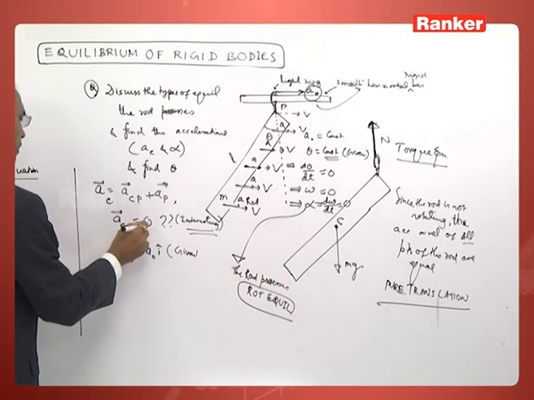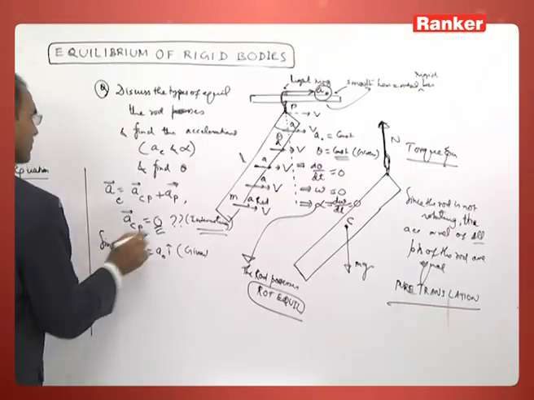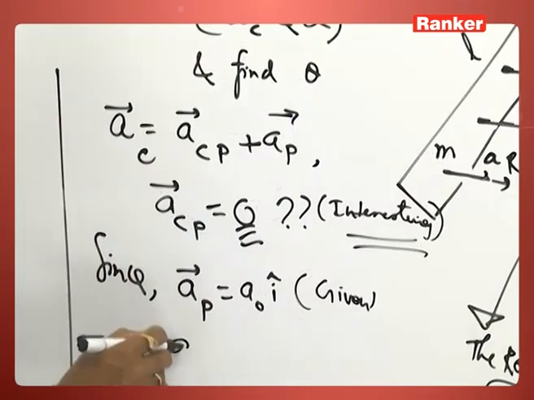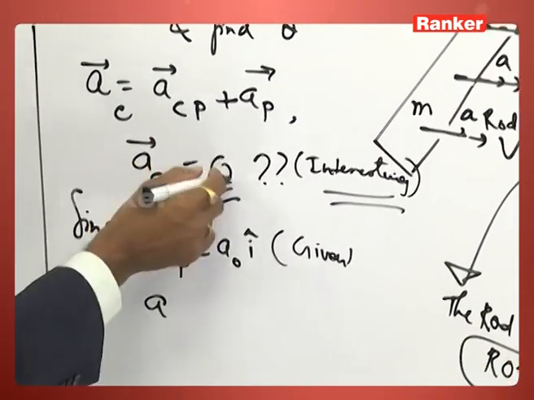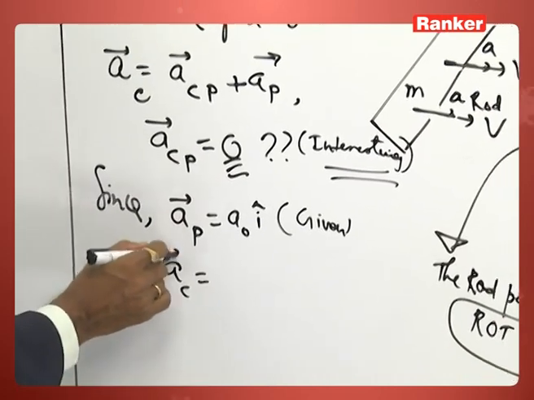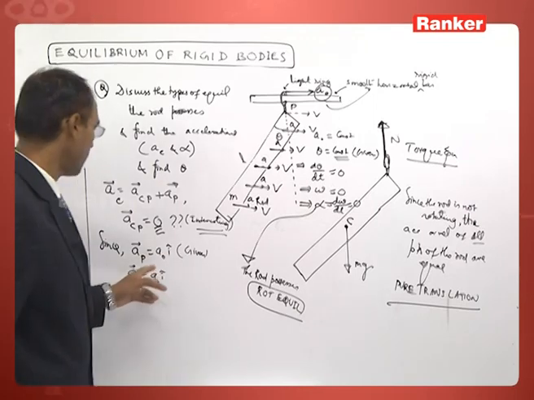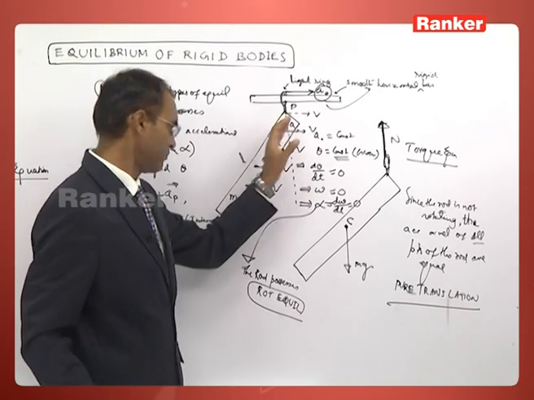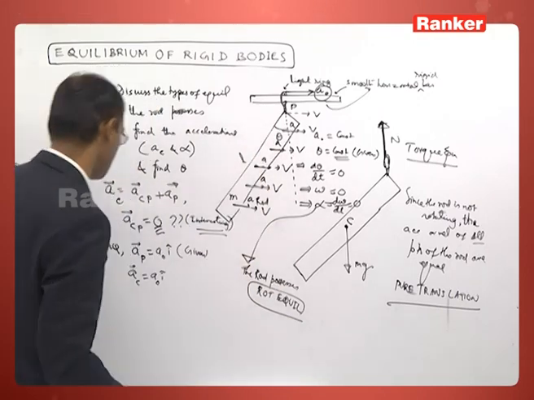A CP will be equal to 0, I will tell you. Since A P is a naught i cap and A CP is 0, A C can be written as a naught i cap. Not only the center of mass, for this particular problem, all points will move with same acceleration, that is a naught i cap.